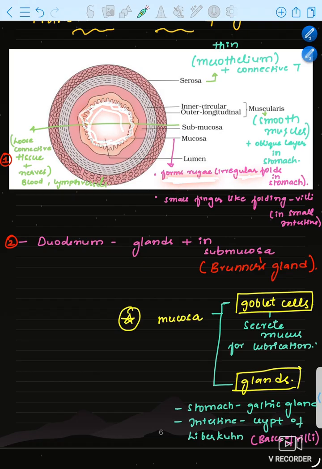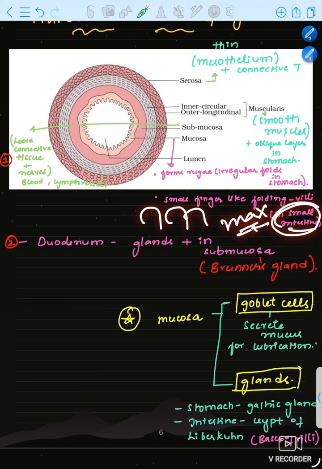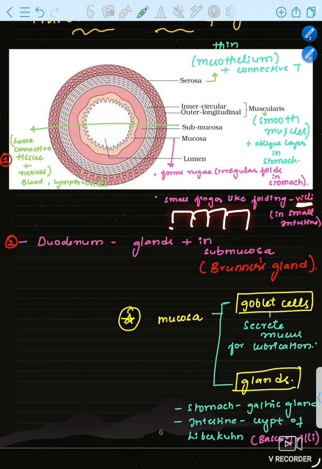Whereas in small intestine, it forms villi for absorption. I already told small intestine has maximum absorption, that's why it forms villi-like structures, that is small finger-like folding. Okay, mucosa will form like this.